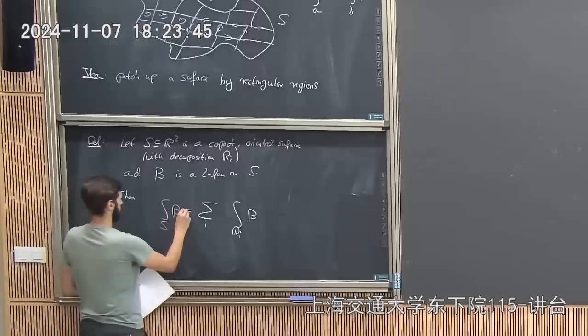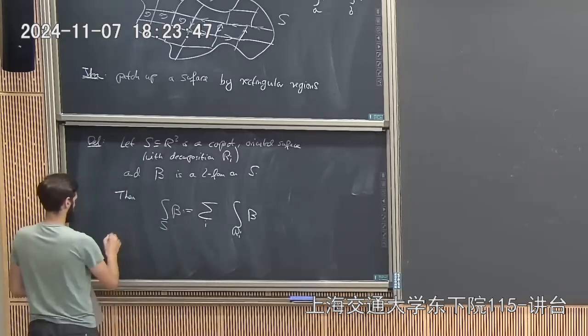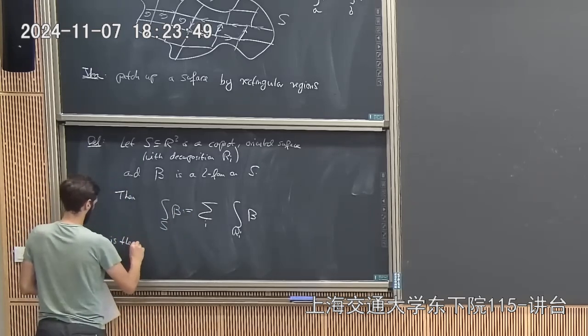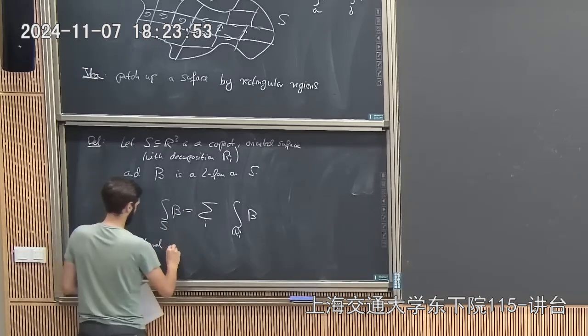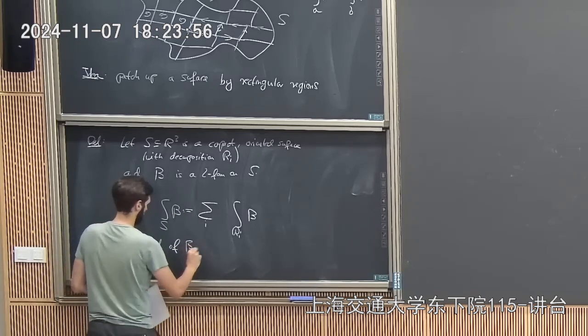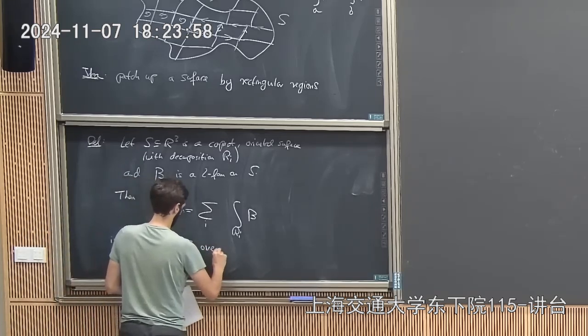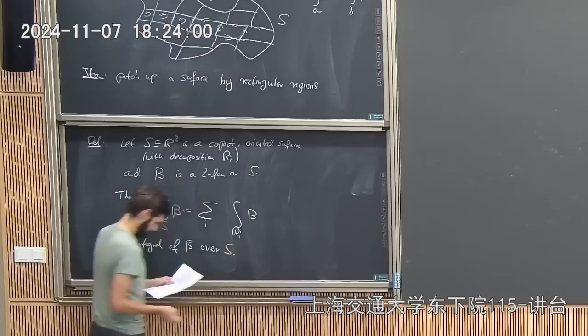So that's the definition: the integral of beta over S.